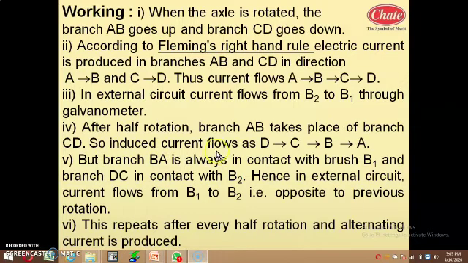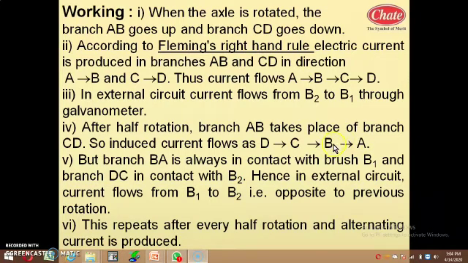So the induced current flows from D to C, C to B and B to A. After half rotation, in the segment of the coil nearer to the north pole, the induced current is inward, and in the segment nearer to the south pole, the induced current is outward. Hence the current flows from D to C, then C to B, and then B to A.